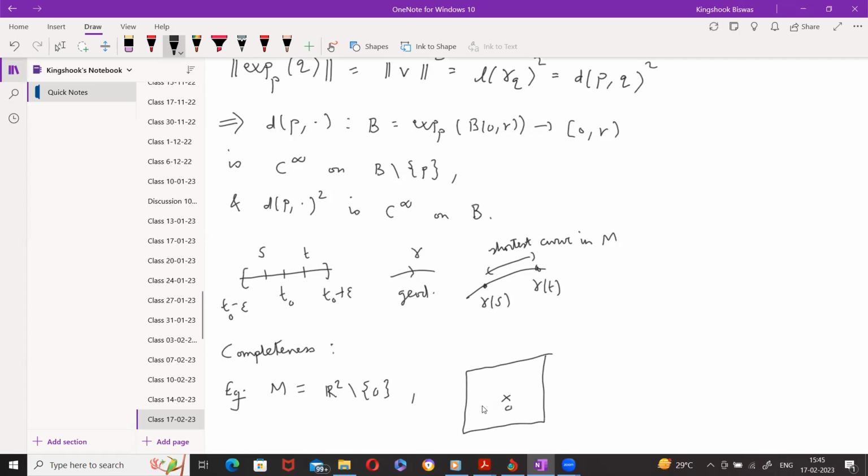So if I take a point P, let's say here, then the geodesic pointing backwards towards the origin will only be defined for time norm P, right?